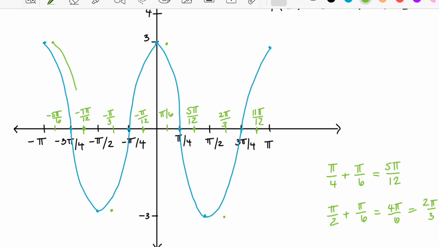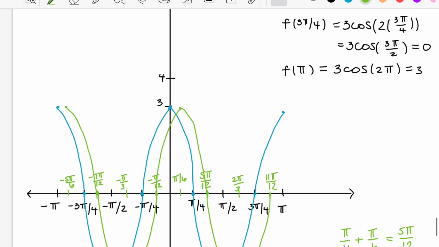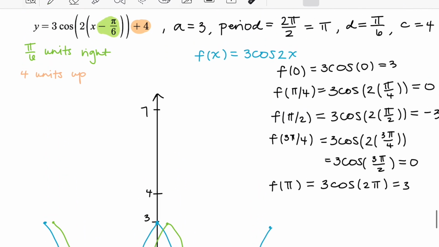So connecting these guys will give us this graph here. So this is our graph translated pi over 6 units to the right. And then the last thing we want to do is then translate that graph 4 units up.